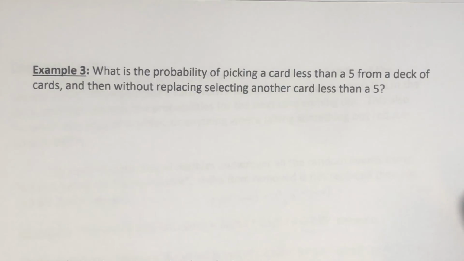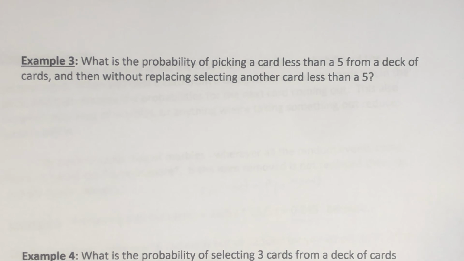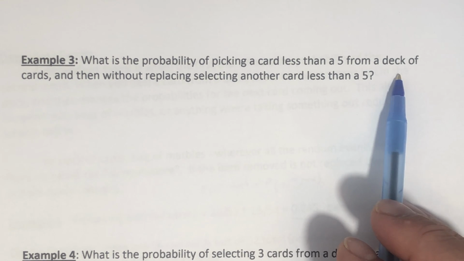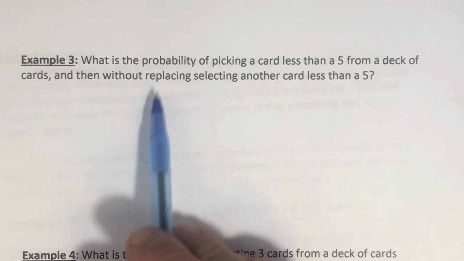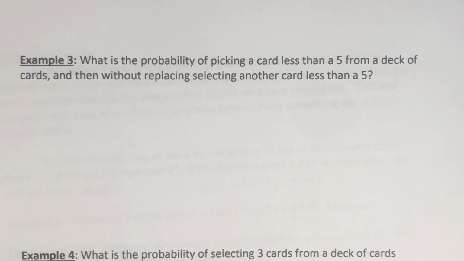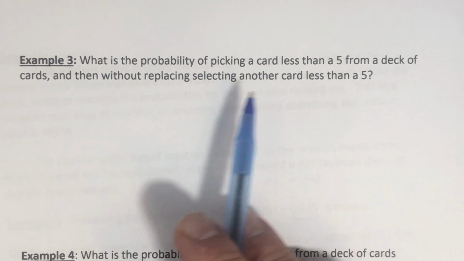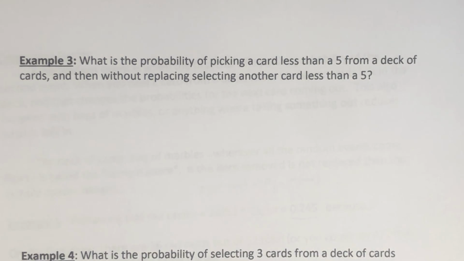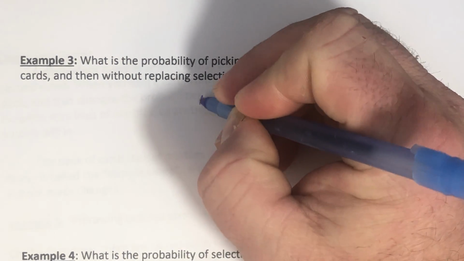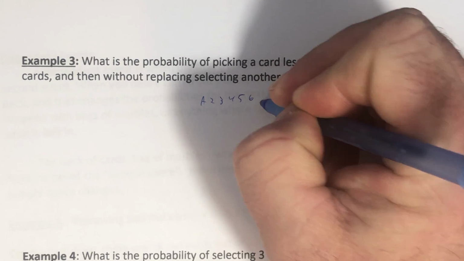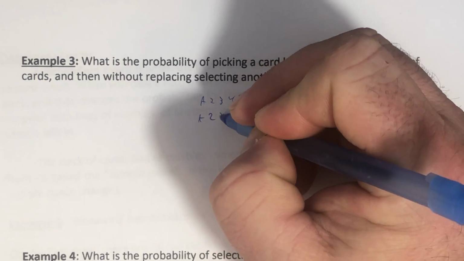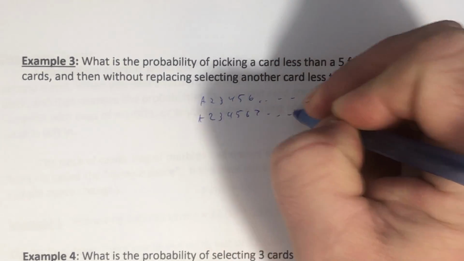All right, let's try a couple more examples. On example 3, what is the probability of picking a card less than a 5 from a deck of cards, and then, without replacing the selected card, selecting another card less than a 5? In a deck, we have ace, 2, 3, 4, 5, 6, 7, and so on.